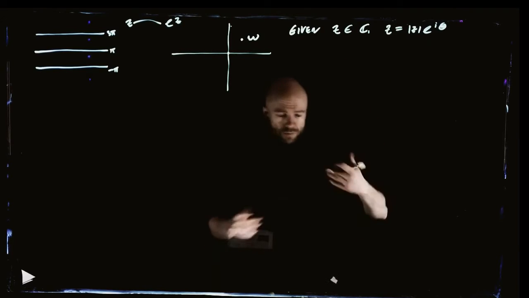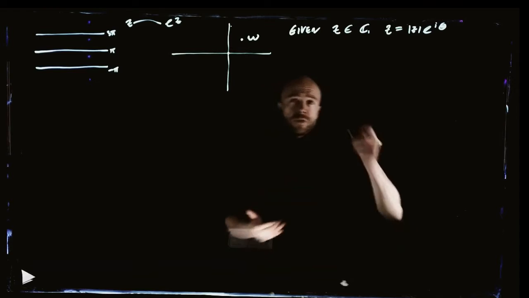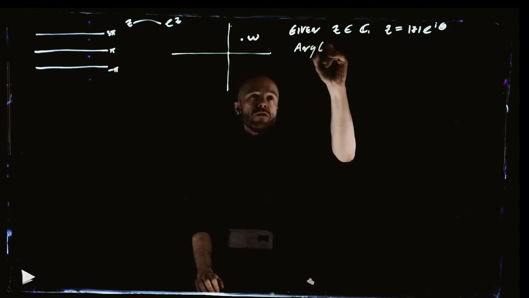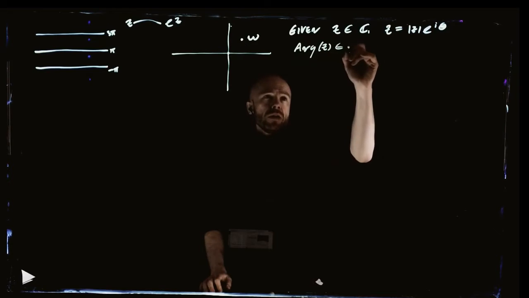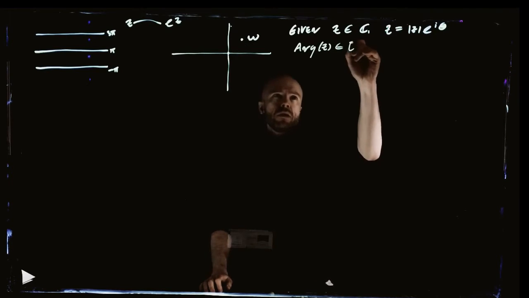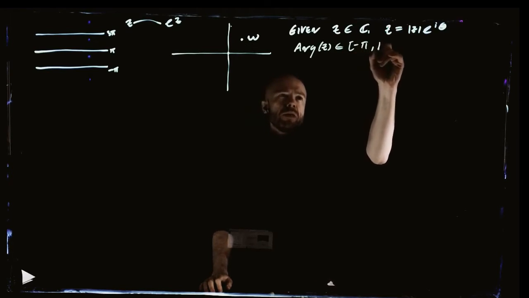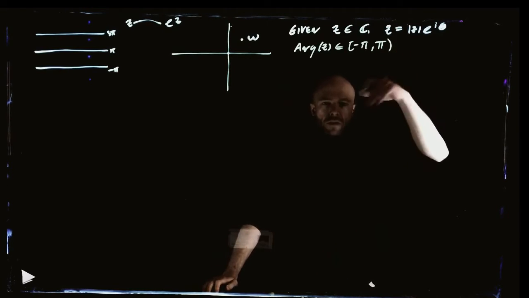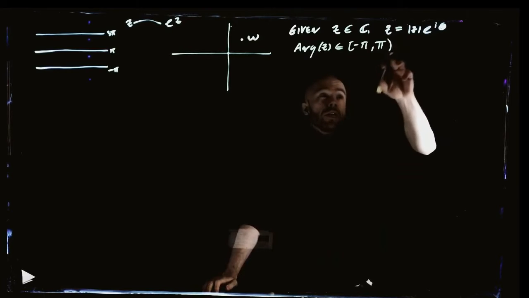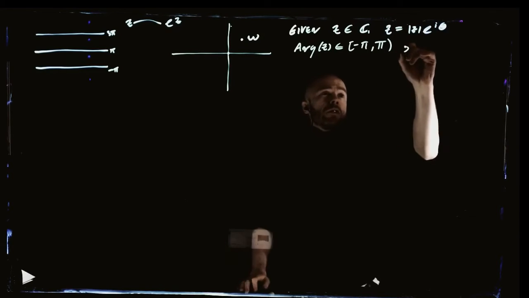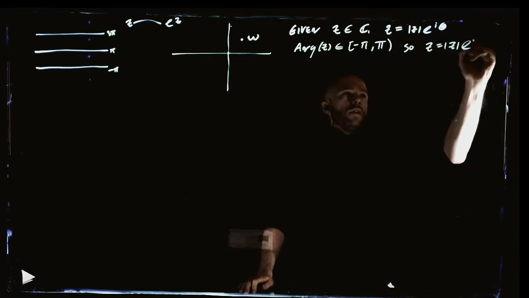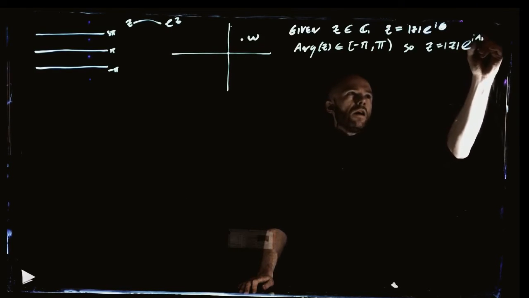But we can choose what we call the principal argument, which we're going to write as arg of z. It is the one particular number inside this interval, and there's only one guy which will satisfy this, so that z is equal to mod z e to the i arg of z.